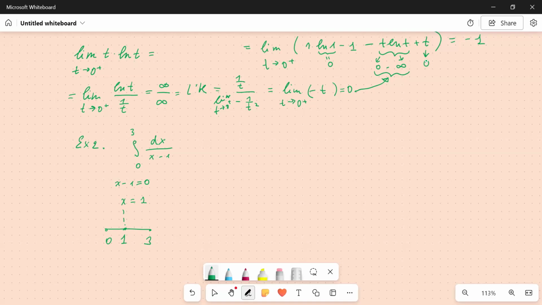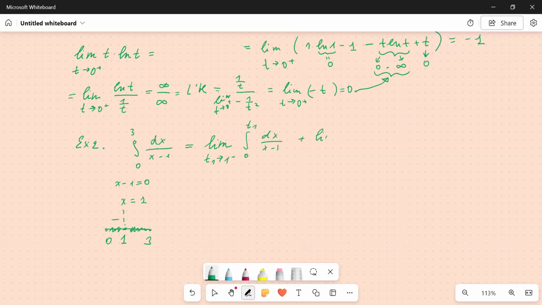The same way we did with two infinities, we are going to treat it as two separate integrals. Integral on the first interval with discontinuity, integral on the second. I'm going to write it down as two different integrals. So we have integral from 0 to t1, t1 goes to 1, and because we are on the left side, minus, right? And then dx over x minus 1.